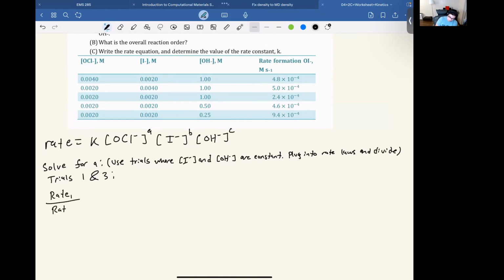Rate 1 divided by rate 2 is equal to K times OCl minus 1. I'm going to write this really explicitly once. That's to the A power, that's to the I minus, to the B power. The 1 indicates that's for the first rate, or the first trial I'm using. Doesn't mean trial 1 on this, just one trial. Any one trial. Rate 2 is indicating a separate trial, or I guess it could technically be the same one, although I don't know why you would do that.